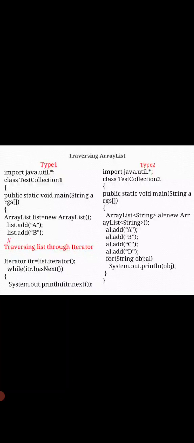This is an example of traversing an ArrayList. Either we can use a for loop or a while loop. I have created an ArrayList and added values A and B. And using an iterator, I can traverse the ArrayList. In type 2, I have used a for loop to iterate through the array.